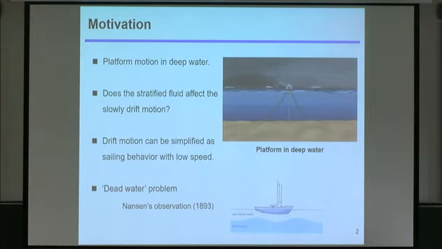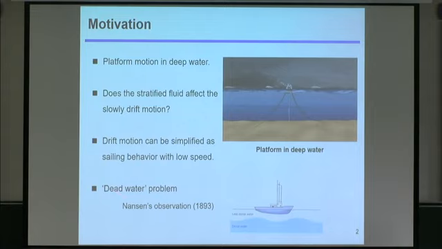So I want to consider, if the fluid is stratified and the platform moves with very slow speed, it can generate an internal wave at the interface, and so it can experience dead water resistance. This is just the initial motivation, combined with the dead water problem.